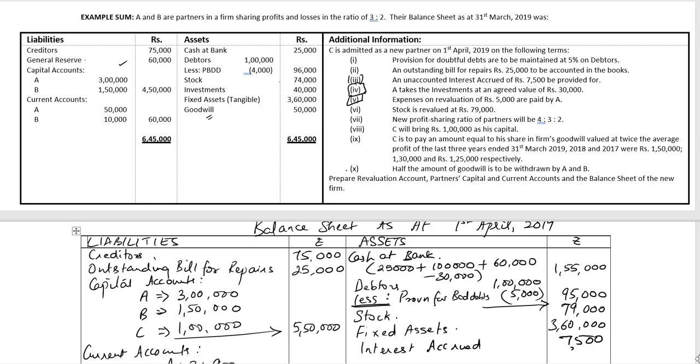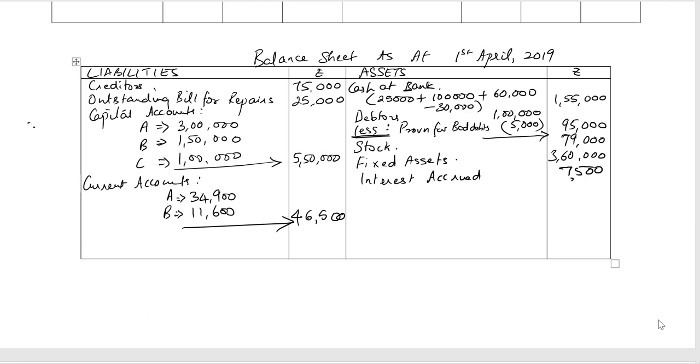So we've completed the balance sheet. We will remove the split and check if the balance sheet tallies. So this is the balance sheet which has been prepared by us.